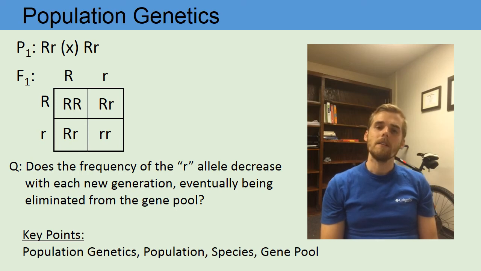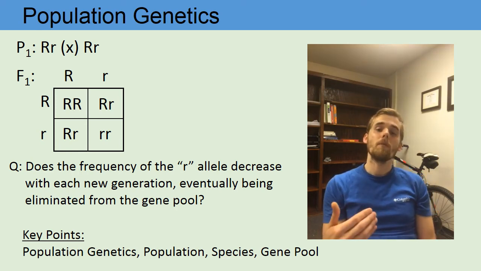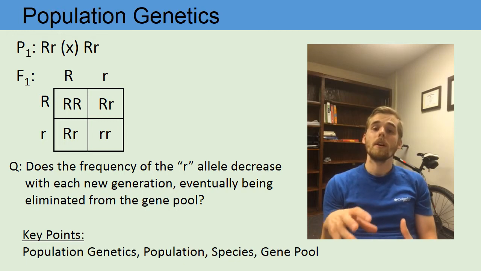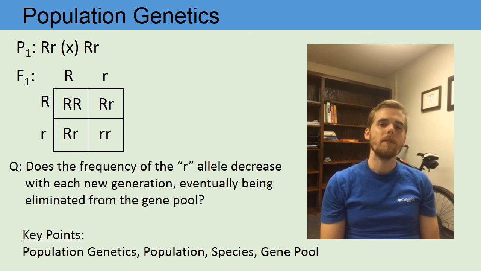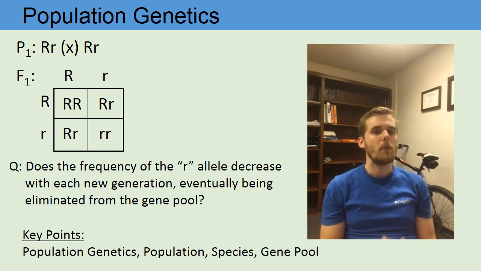A species is defined as individuals that are capable of reproducing with one another to produce viable, reproductively fit offspring. So if 2 individuals are capable of reproduction, we call this a species. Now it turns out that the concept of a species isn't quite so straightforward, but for the purposes of this discussion, we're going to just keep it simple.